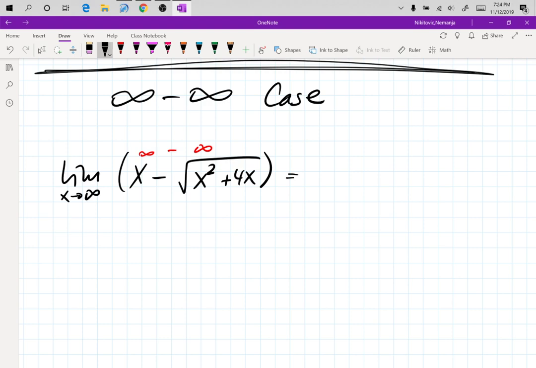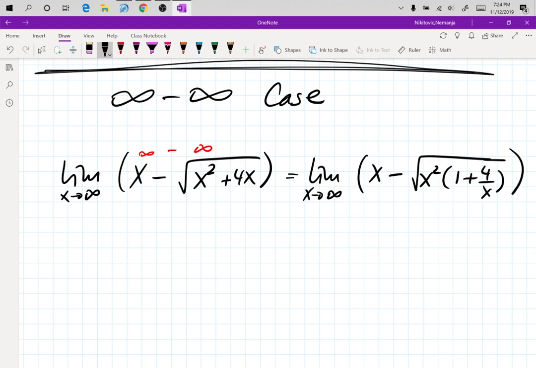So we start by factoring out x squared under the radical, so we can kick it out as x. So when I factor out x squared, it's left with 1 plus 4 over x. Do we all see that? Are we all bueno?